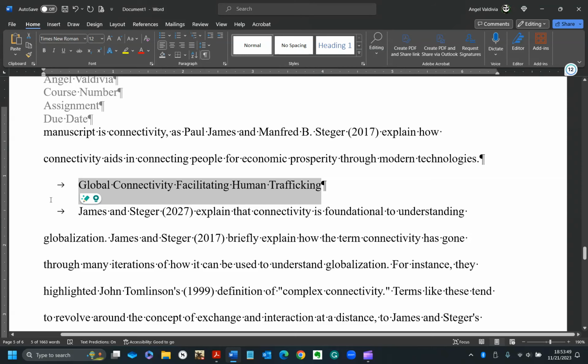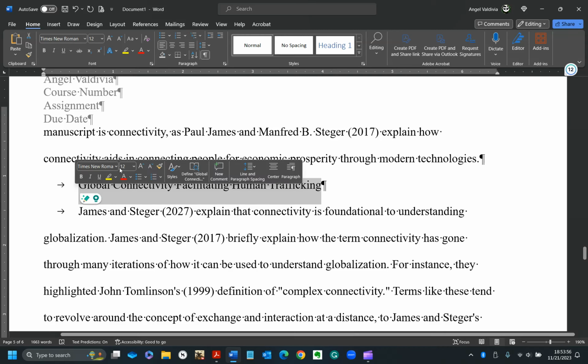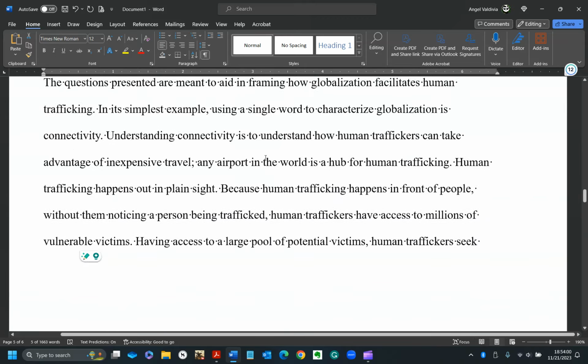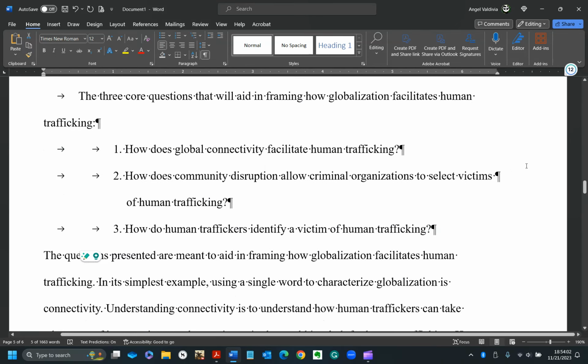But you notice that my subheading is "global connectivity facilitating human trafficking." Now I'm going to go back to the research section and show you my question. You'll notice question one reads, "How does global connectivity facilitate human trafficking?" So you can note that it's a question, correct?